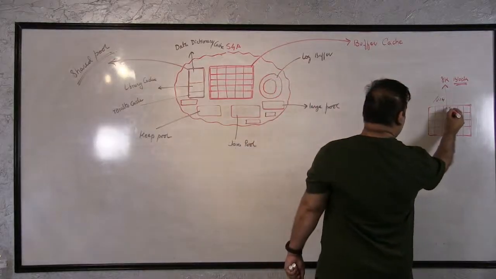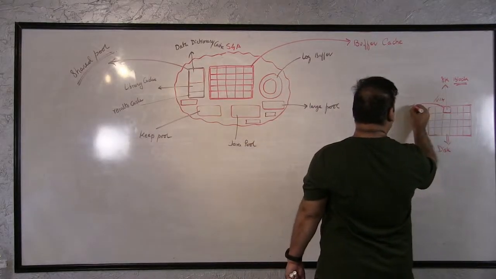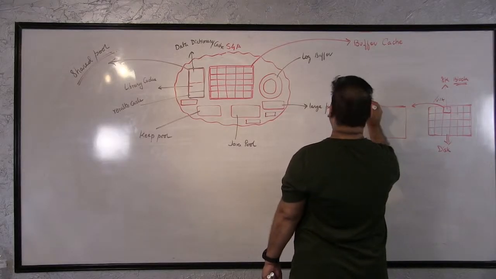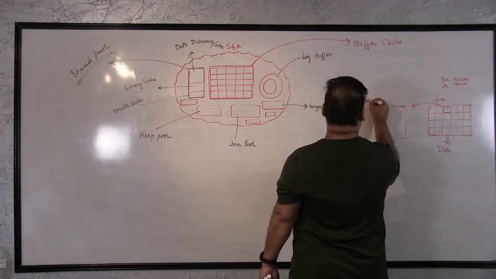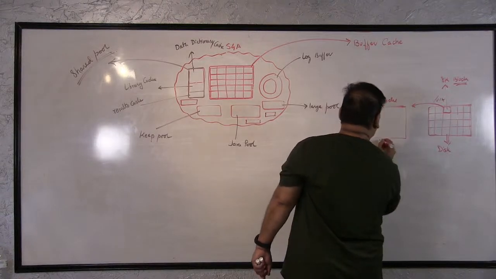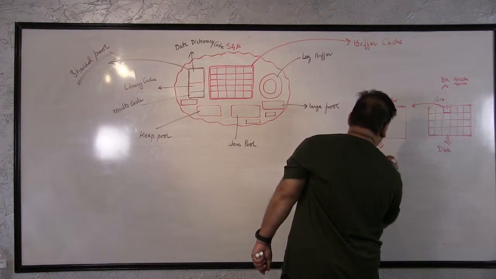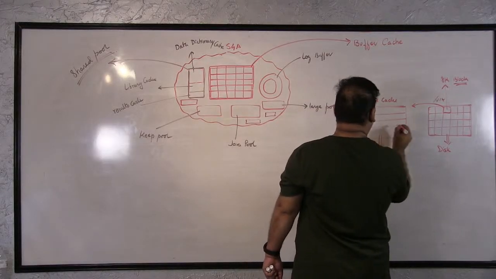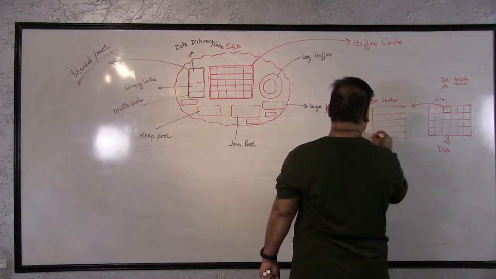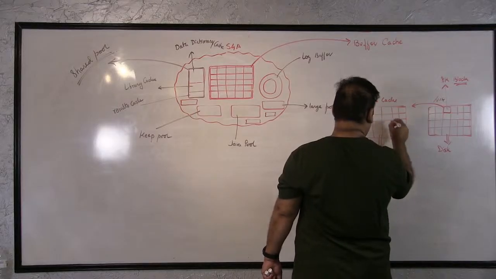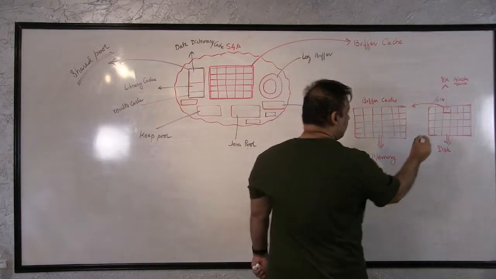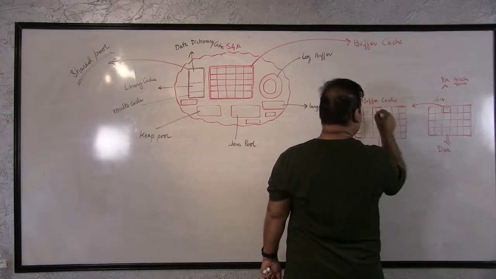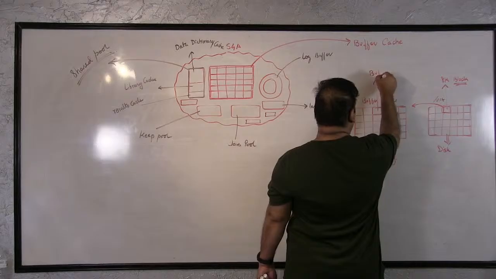But if the same 8K is moved into the memory, so this is your buffer cache, and this is memory. Whichever the block size is, Oracle says the buffer size has to be exactly the same. So if I am copying this entire block into the memory, the name of this is buffer.